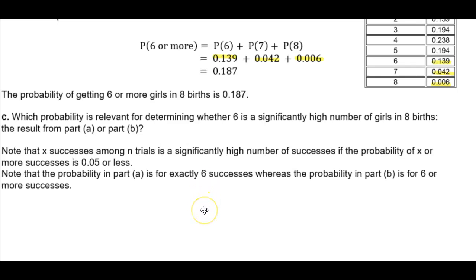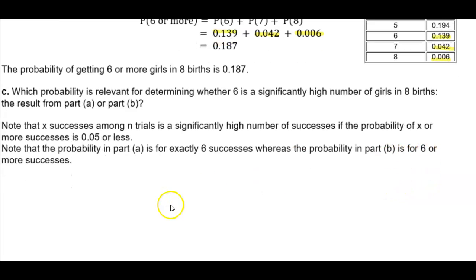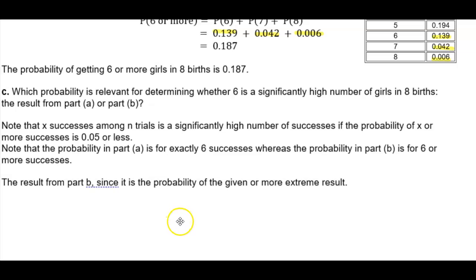Note that the probability in part A is for exactly 6 successes, whereas the probability in part B is for 6 or more successes. Therefore, the result from part B is relevant, since it is the probability of the given or more extreme result.